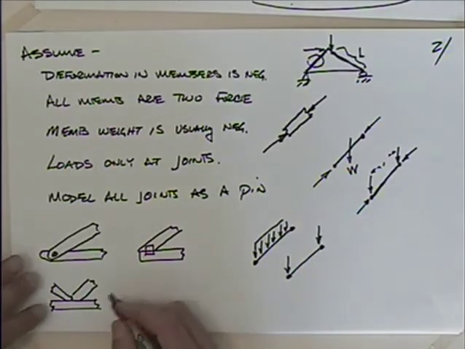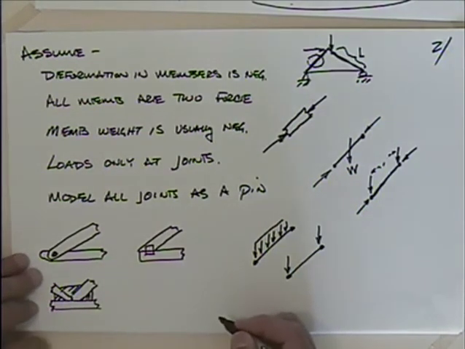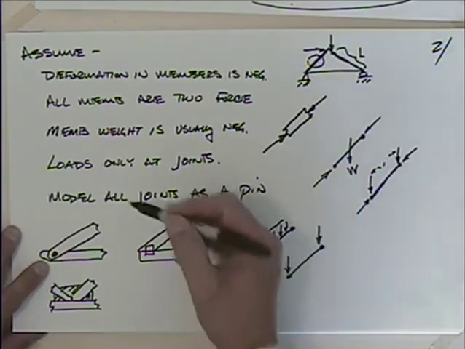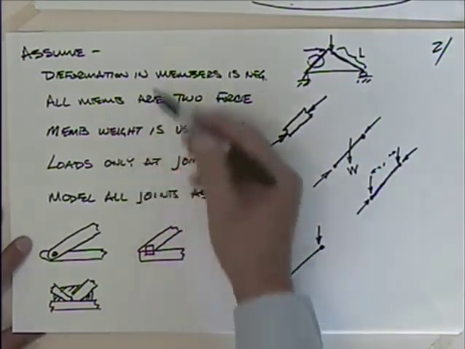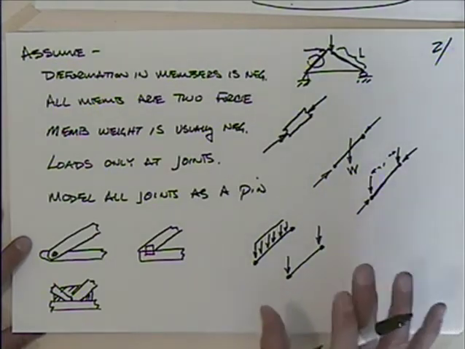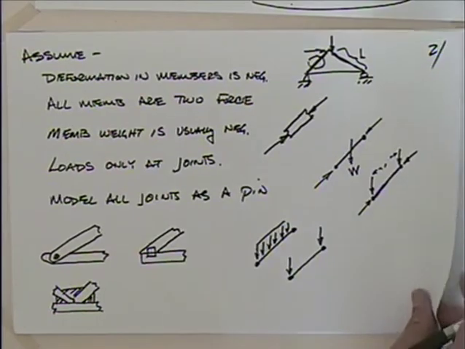But unless you start putting massive reinforcements in here, it's still going to probably analyze as a pin pretty well. So our first time through this, if you go into the structural business, you'll start to talk about more sophisticated analysis and doing away with some of these assumptions. But the first time through, and for a lot of trusses, you can really do pretty good work with this.